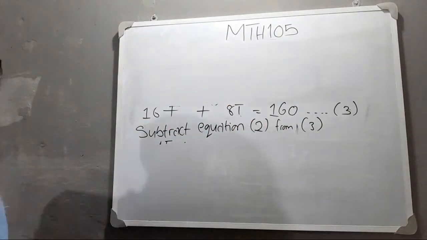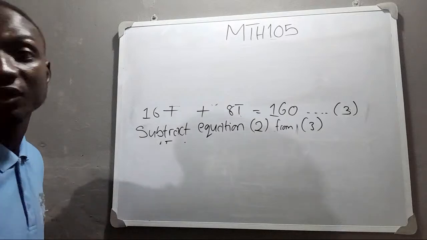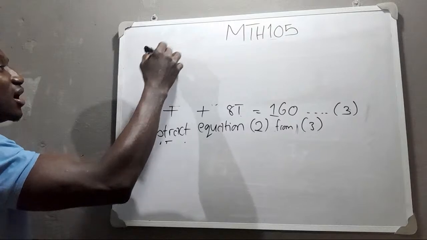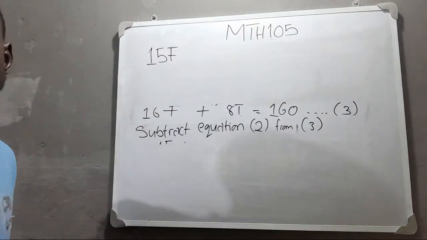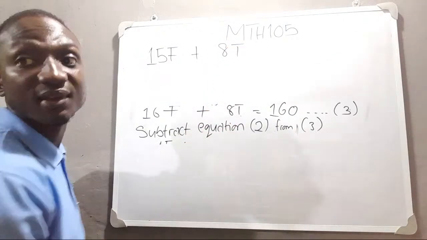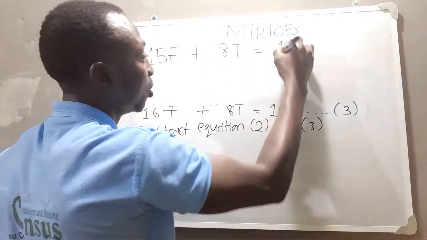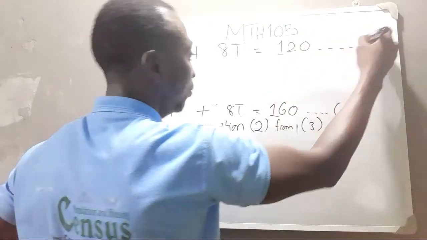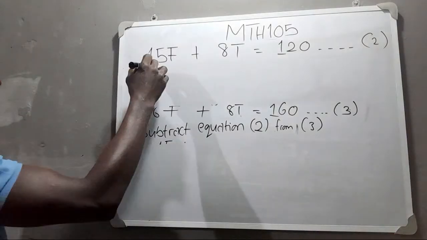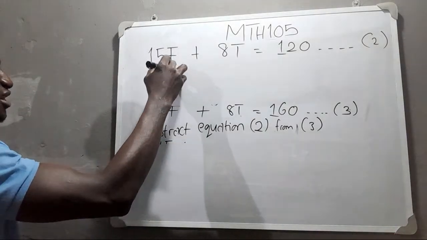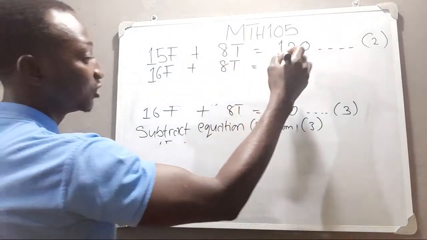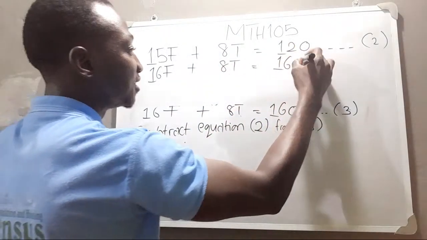Now, equation 2, I have 15f plus 8t equals 120. That's equation 2. Then equation 3, I have 16f plus 8t equals 160.